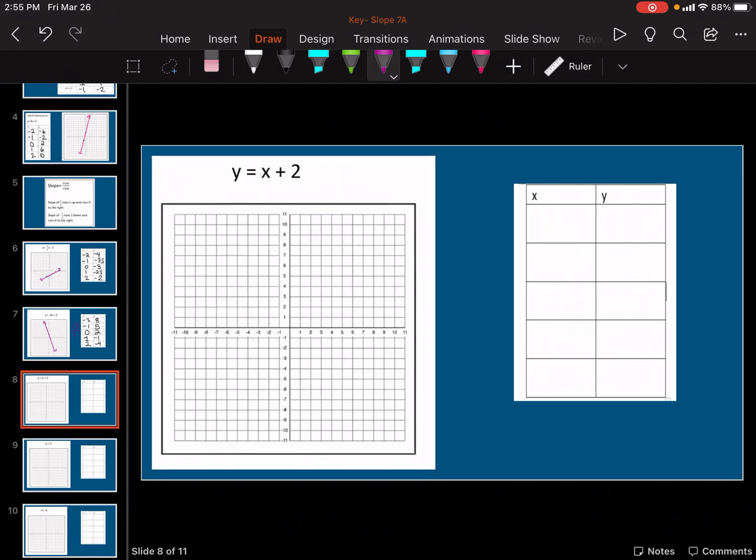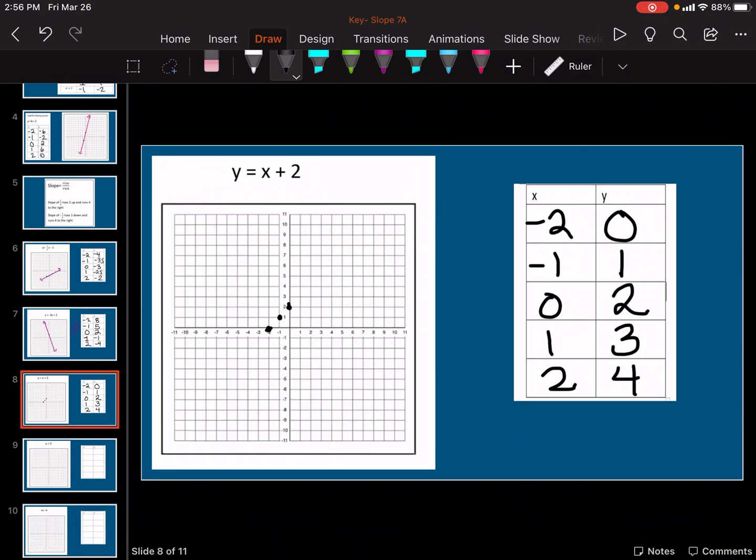Our slope is 1, so it's going to be 1 over 1, right? So -2, -1, 0, 1, 2. Plus 2 is 0, 1, 2, 3, and 4. So -2, 0. -1, 1. 0, 2. 1, 3. 2, 4.